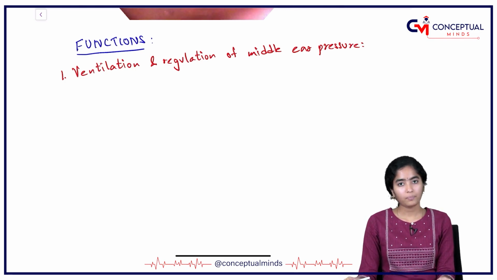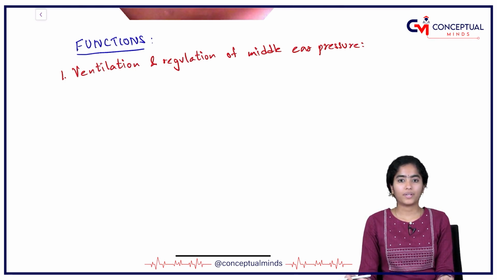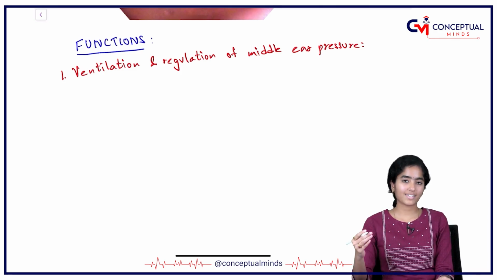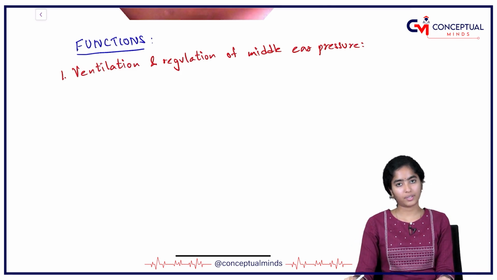That is why in that age group, before the age of 7 to 10 years, they suffer more from these middle ear problems. Why? As I told you, the Eustachian tube in children is horizontal, plus the opening is less efficient.